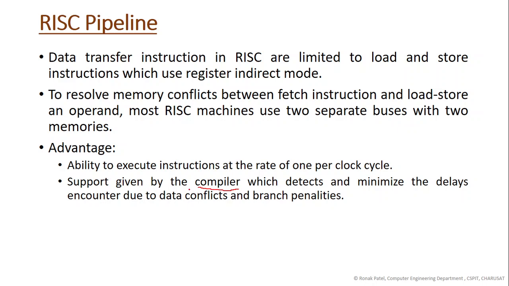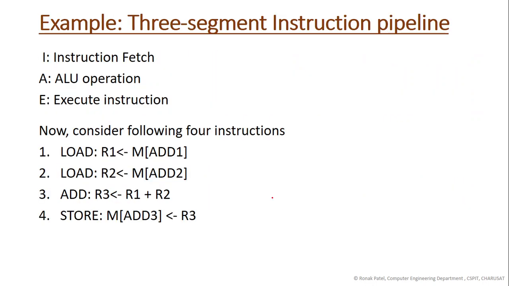The support given by the compiler detects and minimizes the delays encountered due to data conflicts, meaning data is not available, and branch penalties, where there is a branch. In this case your compiler will support this in RISC kind of architecture. Let's see this for delayed data conflicts.